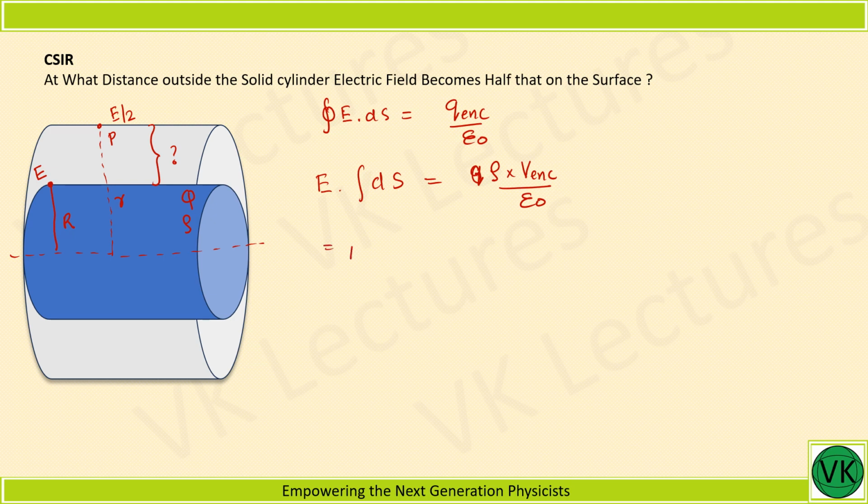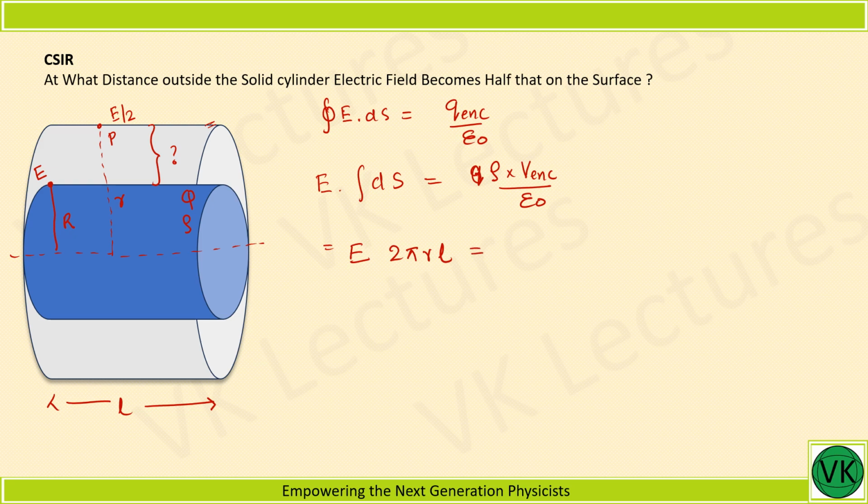So this is equal to E into 2 pi r into L, this Gaussian surface being the white colored cylinder, where L is the length of this solid cylinder.